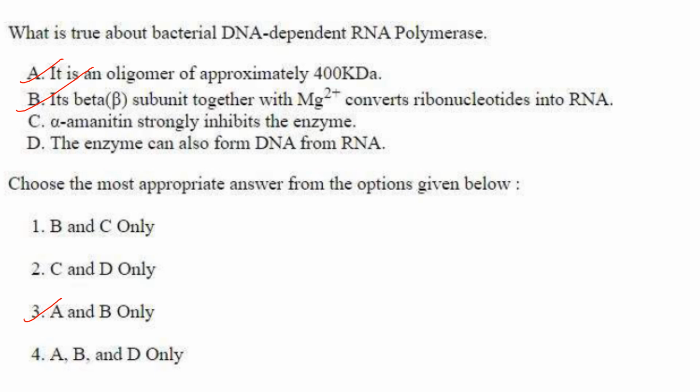Alpha amanitin is a potent inhibitor of eukaryotic RNA polymerase, not bacterial polymerase. D. The enzyme can also form DNA from RNA. DNA dependent RNA polymerase is an enzyme that synthesizes RNA from DNA, not the other way around. So D is also not correct. So the correct options are option 3, that is A and B only.